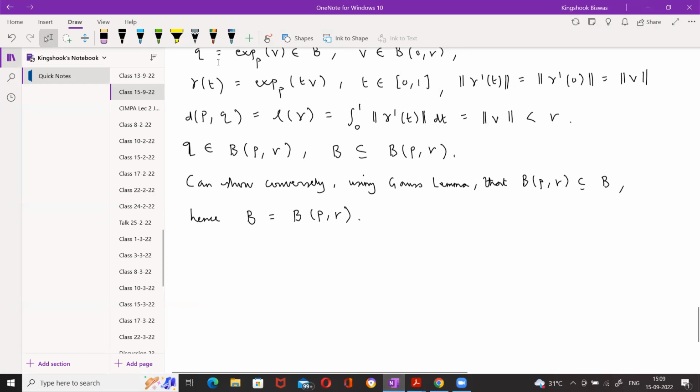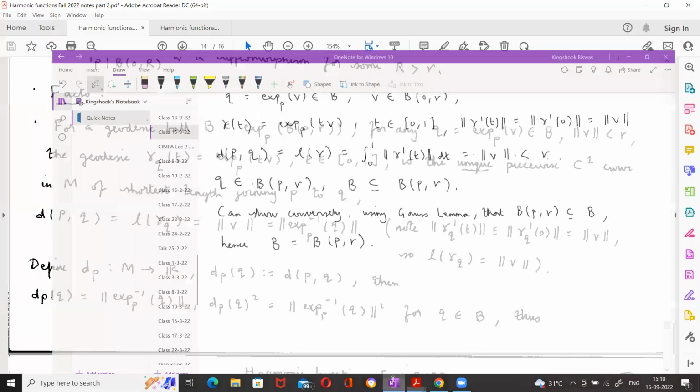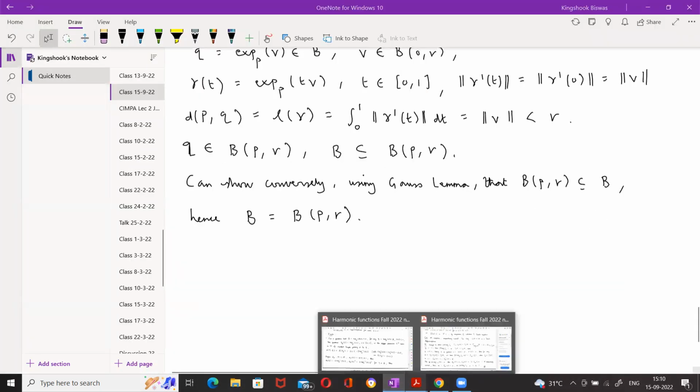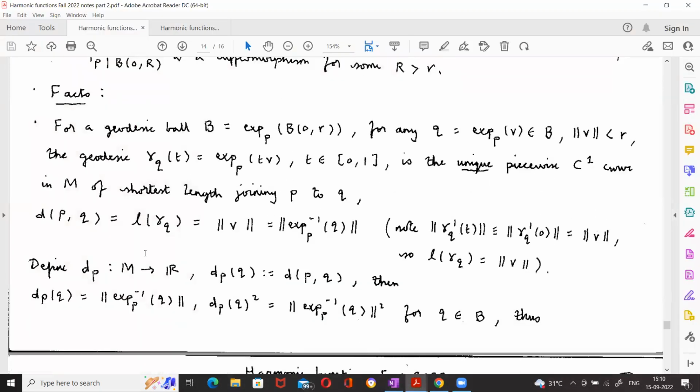V is x inverse of Q. So that means the distance function from P to Q is the norm of x_P inverse of Q.